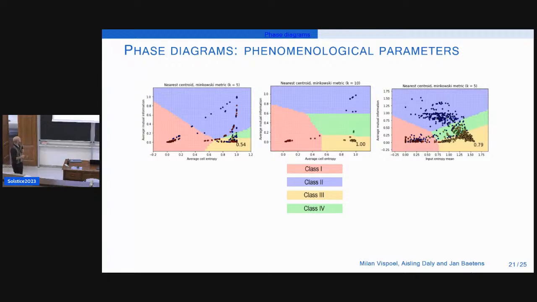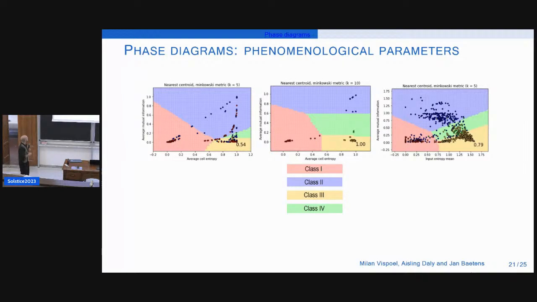So basically what we see is that for class 1 and class 3, so for very ordered and for chaotic behavior, we have a low average mutual information in every case, which makes sense. Because the class 1 CA are just too simple to propagate information, and then the class 3 are too random to propagate information. Then class 2 is found near some higher average mutual information.